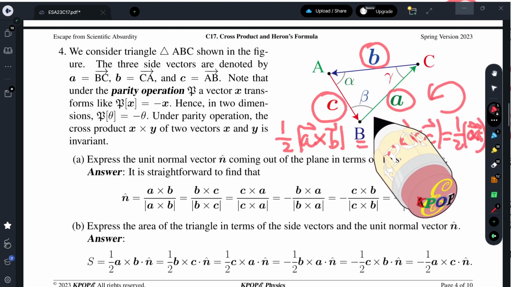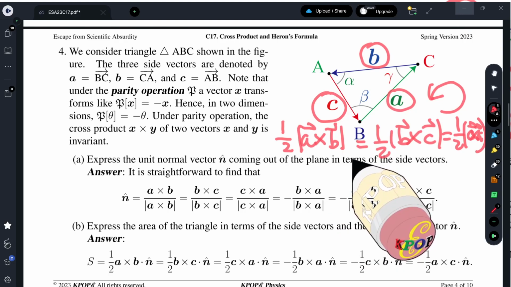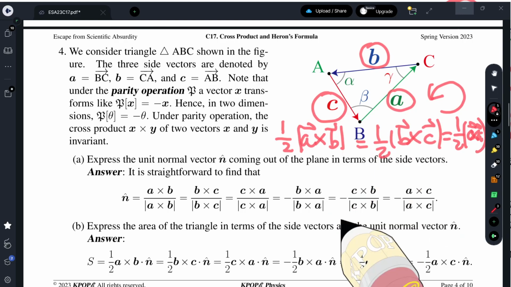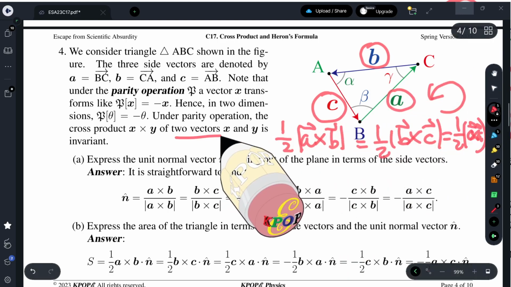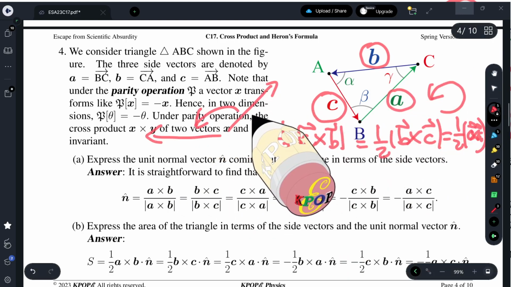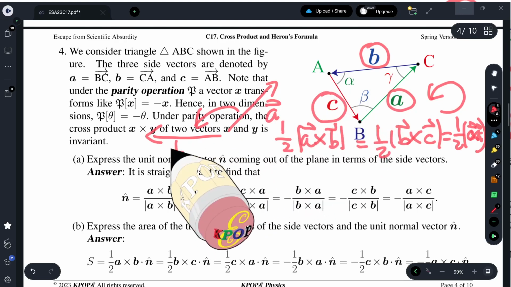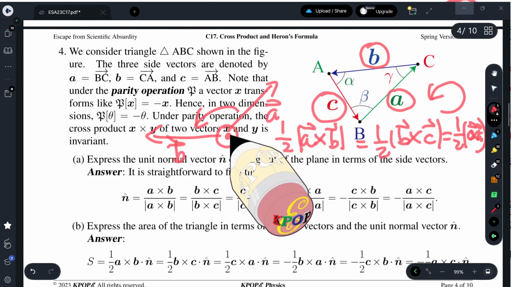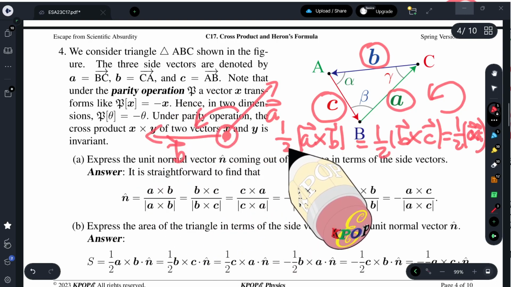to unify the direction of the cross products. A cross B, B is here, A is here. We are rotating A to B, so its normal vector is coming out of the plane.